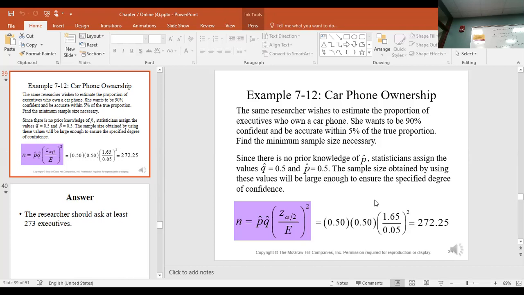So we have 272.25, which rounds up to 273. So for him to be accurate in his estimation of the proportion and not be wrong by more than 5%, he should interview at least 273 people.